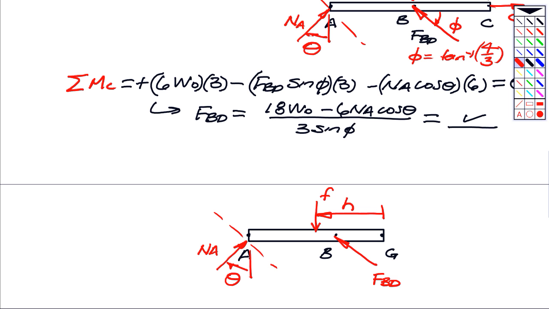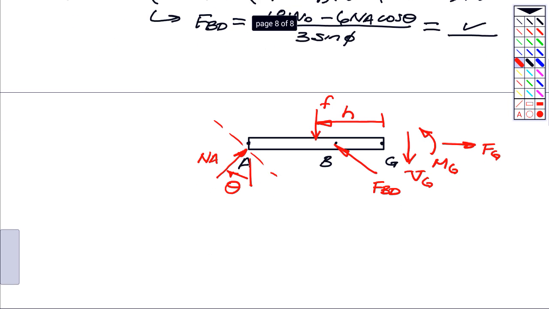And then at G, what we want to find is the shear force, VG, the bending moment, MG, and the axial load there of FG. Where the applied force F is the magnitude of that line load, W0, times the length of beam over which that acts.